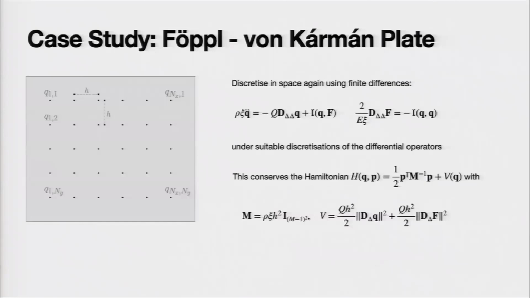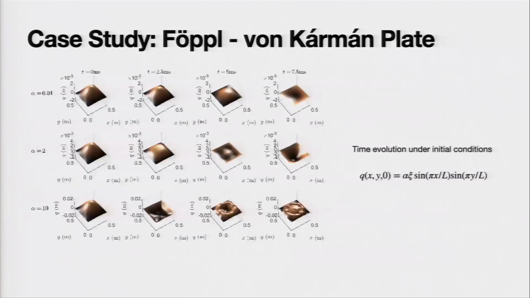Well, again, you use finite differences to discretize your problem in space, and you end up having again a form of the Hamiltonian, which is the form to which we want to apply these schemes. Same experiment. We are initializing the first mode of vibration, and we are scaling the initial conditions according to the parameter alpha, and we are observing the resulting dynamics.